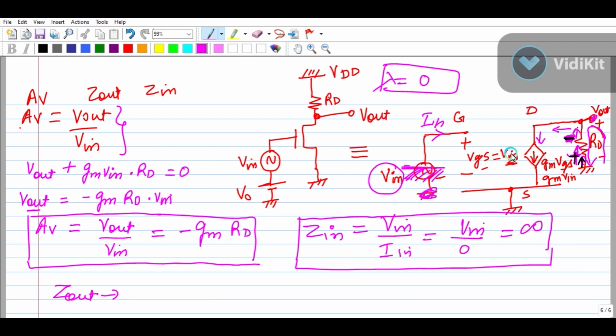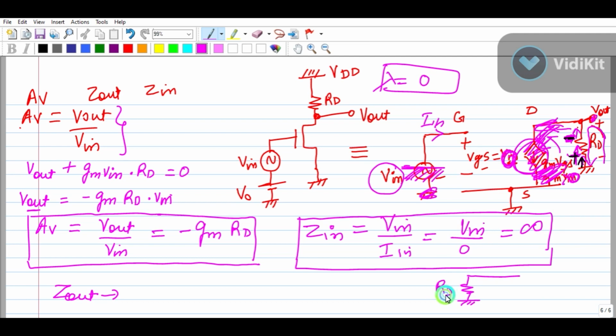So VGS will become 0, and this current source value will also become 0. So there is no use of it. We can remove this. Okay, so this part is removed. What is remaining? The remaining part is RD.